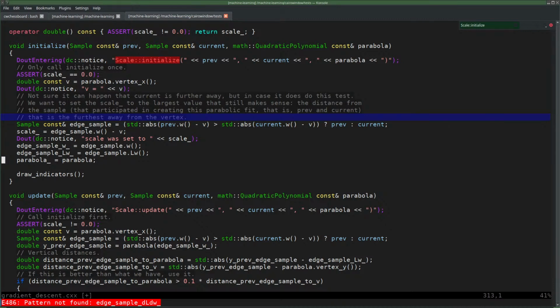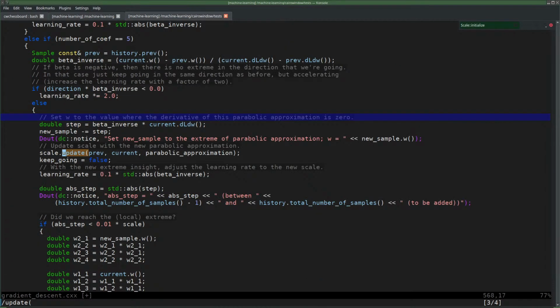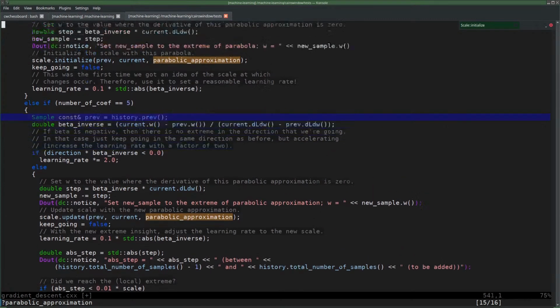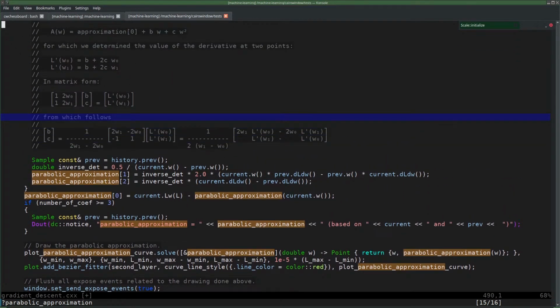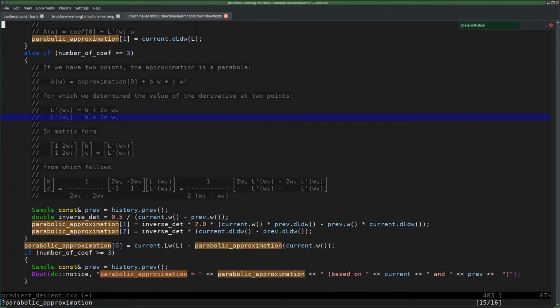Let me try the following. My current parabolic approximation is maybe not the best. This stupid blue line is a bug.